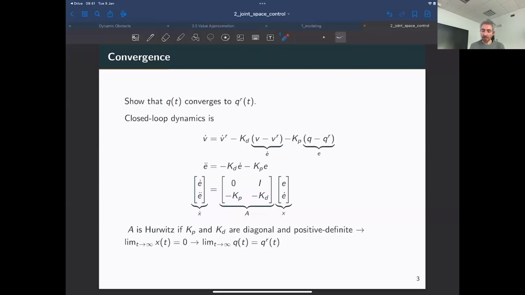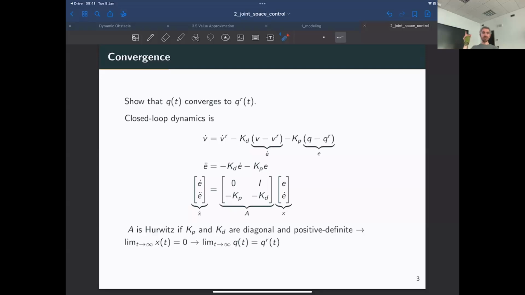And this happens anytime we have positive definite matrices for the gains KP and KD. Actually, this proves more than convergence. This proves even stability, which is something even nicer than convergence.